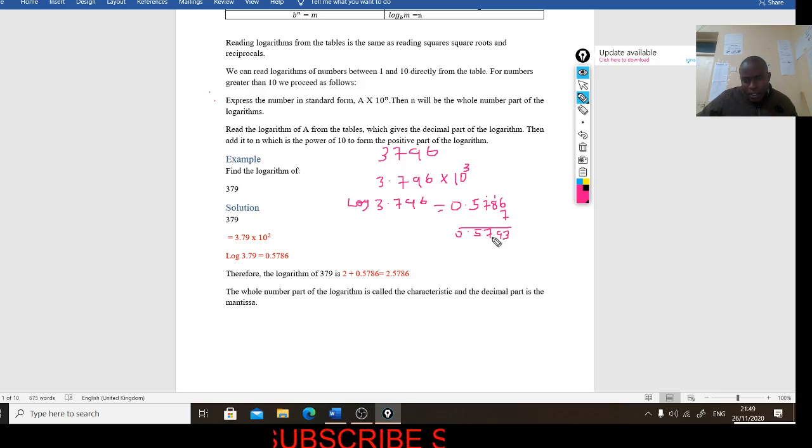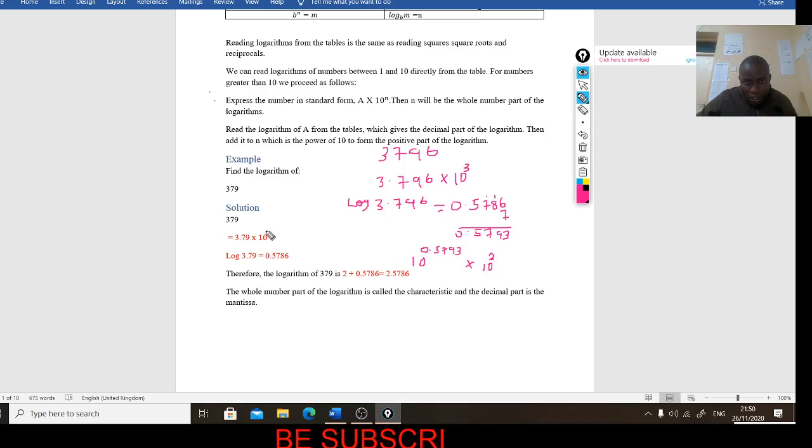The logarithm of 3.796 is 0.5793. So when you get this, now we come and we said this logarithm is in the base of 10: 0.5793, then times base 10 to the power of 3. So we add these, the bases are the same, we add the powers.